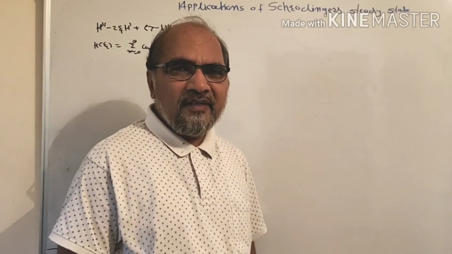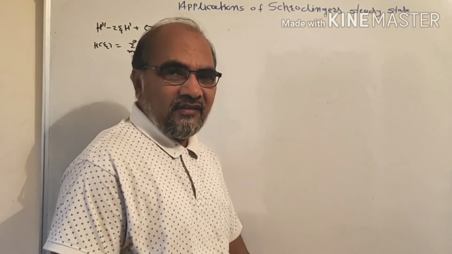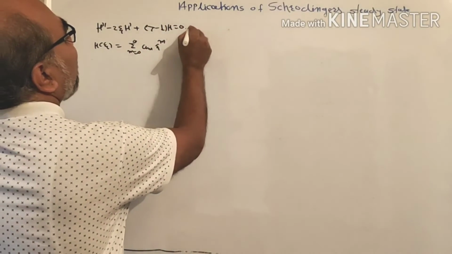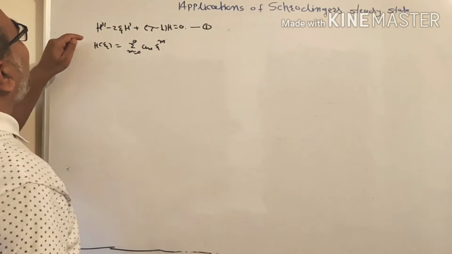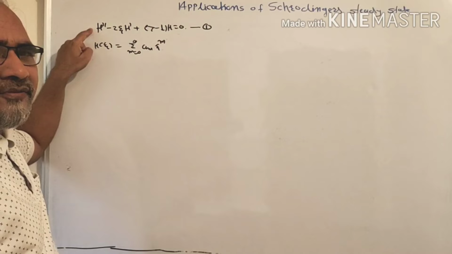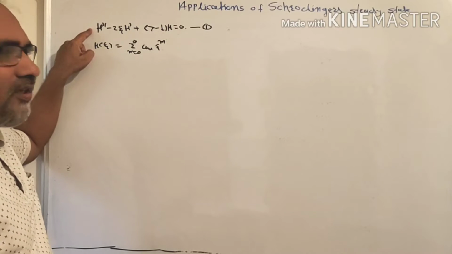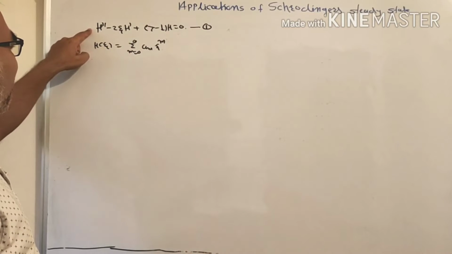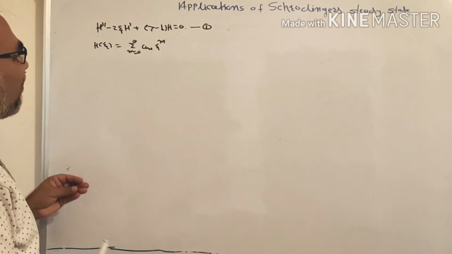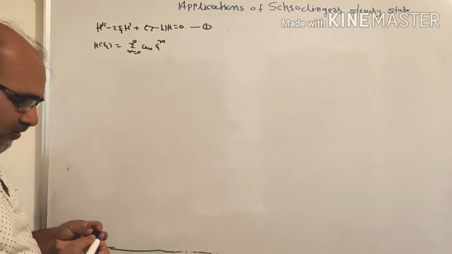Using the Hermite polynomial, the differential expression for Schrodinger's equation becomes, this we consider as 1, h double prime, where prime is differentiation of h with respect to zeta. Okay, so h double prime minus 2 zeta h dash plus (lambda minus 1) h is equal to 0.